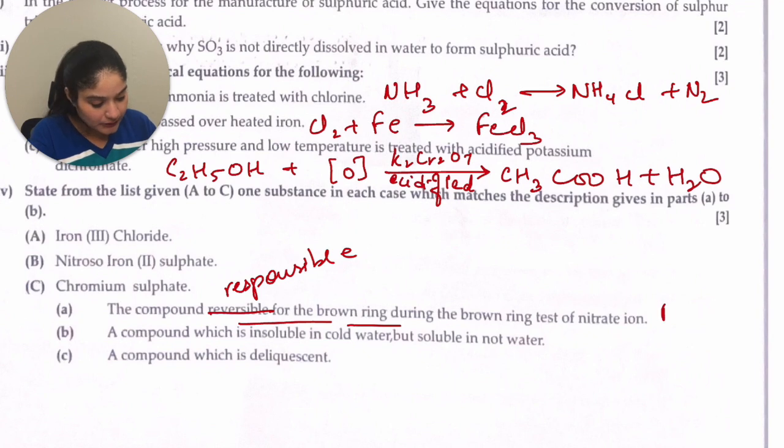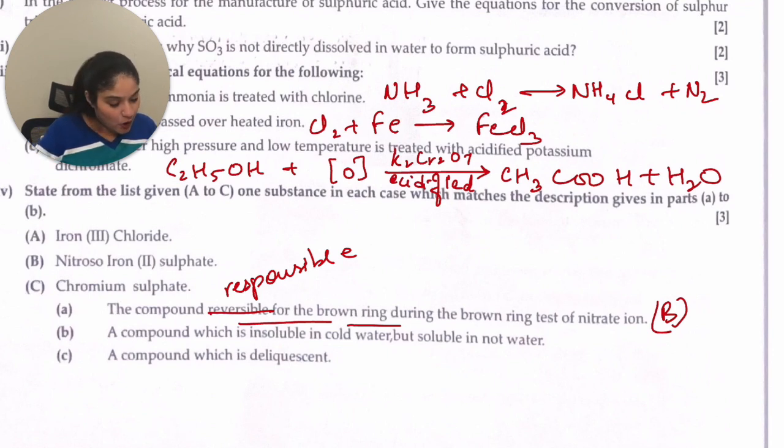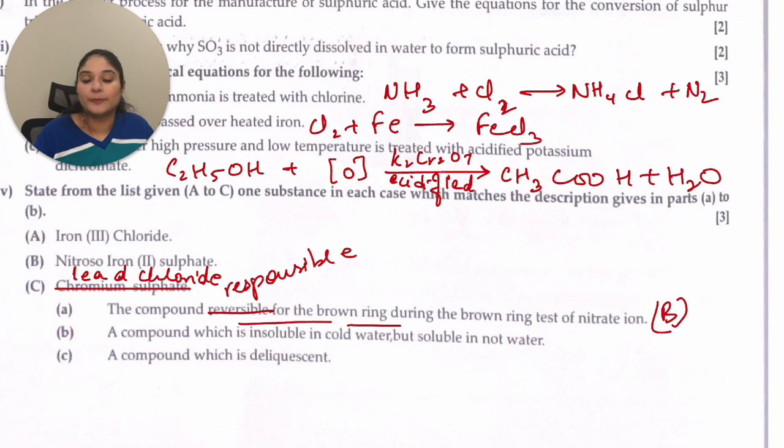So this goes to B. A compound which is insoluble in cold water but soluble in hot water: none of the options match. I think this is the question that had a mistake. This should not be chromium sulfate here. Your C should be lead chloride, because one of the questions was wrongly printed in my book. So a compound which is insoluble in cold water but soluble in hot water is lead chloride. A compound which is deliquescent is iron chloride.